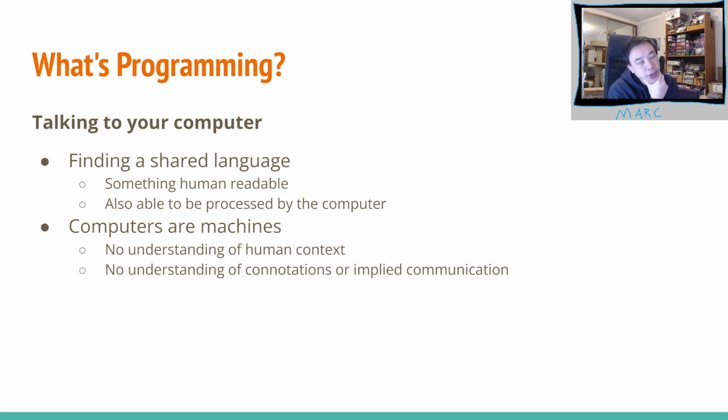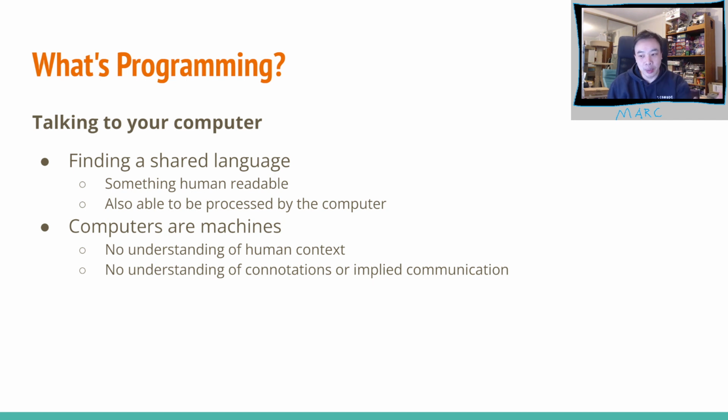The interesting thing about computers is they're not really going to be with us all the way in a lot of the ways that we think and like to communicate. So they don't understand the human context. I might say to a computer that I can move my hand or something. The computer doesn't necessarily have any background knowledge to understand what a hand is, or that a human has muscles and we can have all this physical interaction with the world.